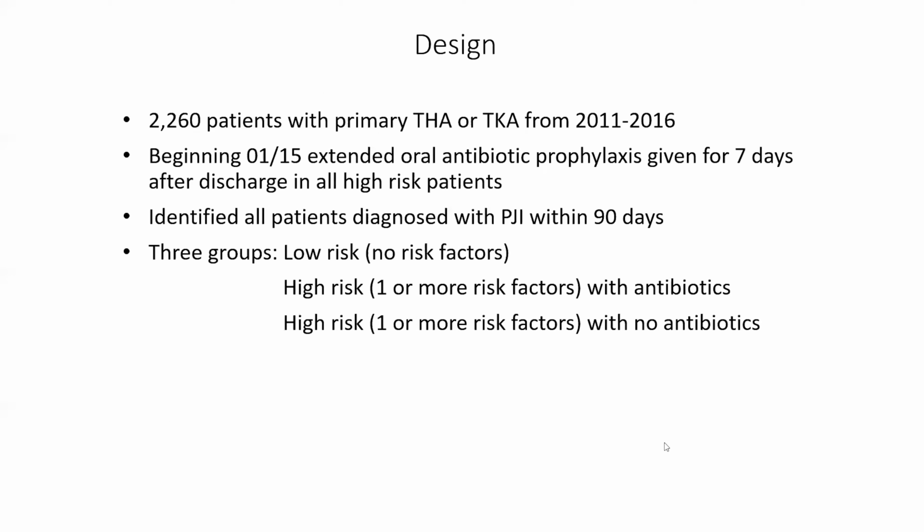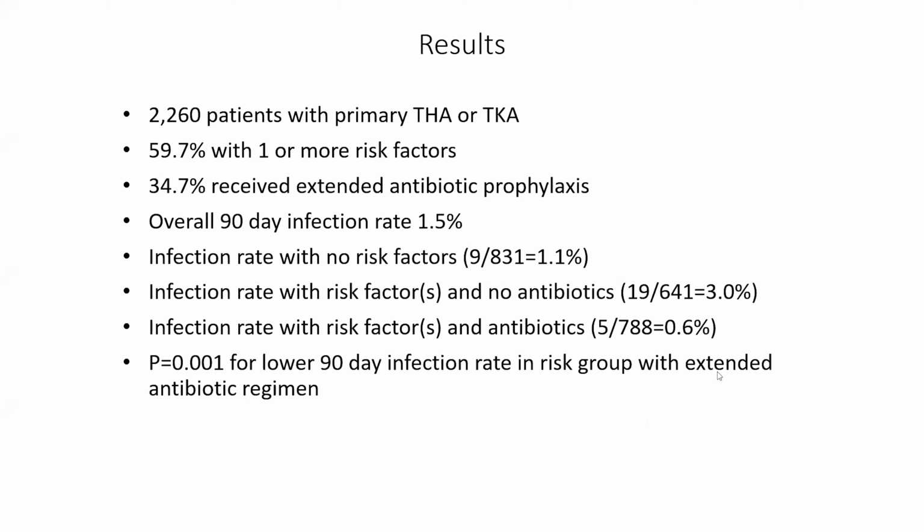They had a large number of patients, and they looked for PJI within 90 days and had 3 groups: those that did not have risk factors, those that had a risk factor, 1 or more, and got antibiotics for 7 days, those with a risk factor and no antibiotics. And it was a good number of patients they had.